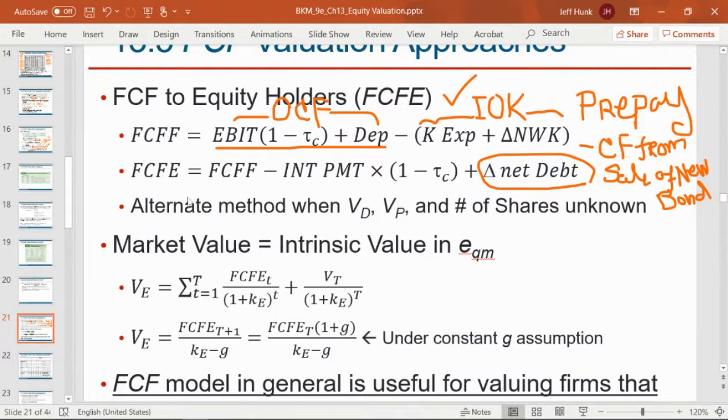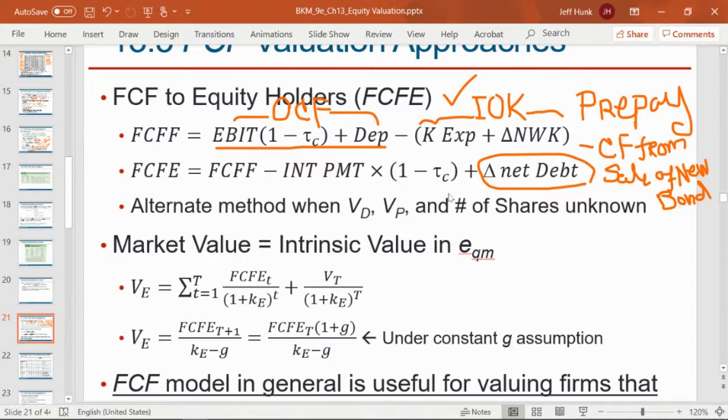Free cash flow to equity holders is obviously, from free cash flow to the firm, you subtract the interest payment, because for the equity holders, the firm will first have to pay interest, right? And then whatever is left will go to the equity holders. And then why 1 minus tau C?